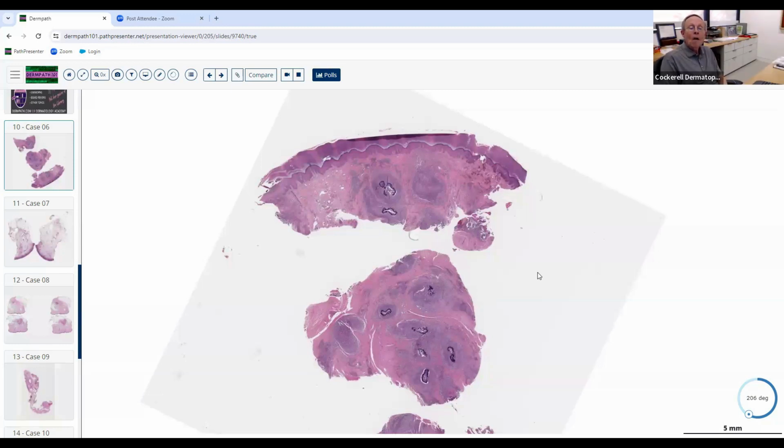Okay, good. At this power it's kind of funky in some ways, because sometimes they'll show something like this, and it's maybe got a pattern that you've never really seen exactly before. I remember on my board exam, many years ago, they showed a really funny picture of Kaposi sarcoma. It was presented in a really weird way, and I looked and said, "Man, I've never seen it look exactly like that."